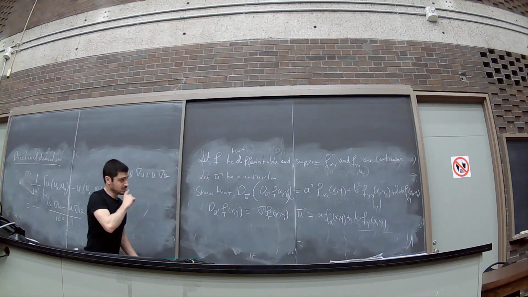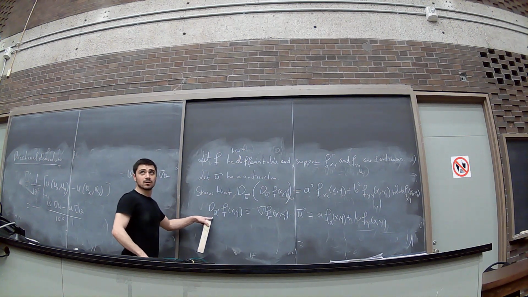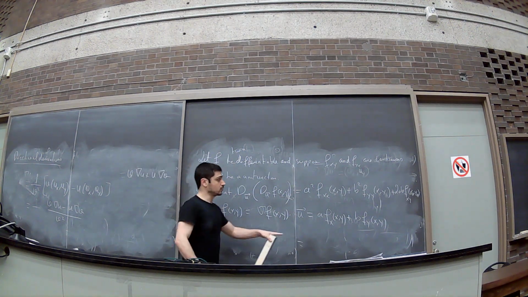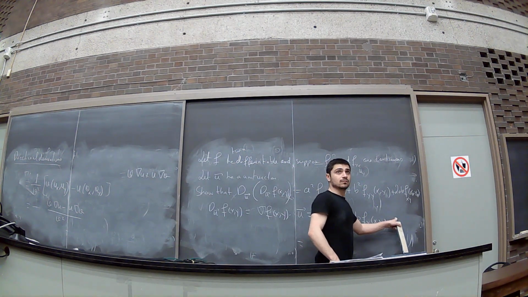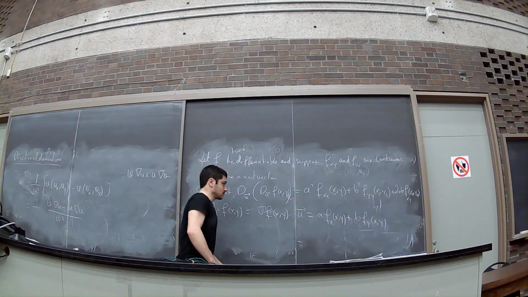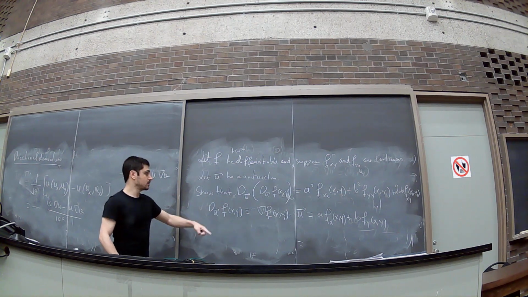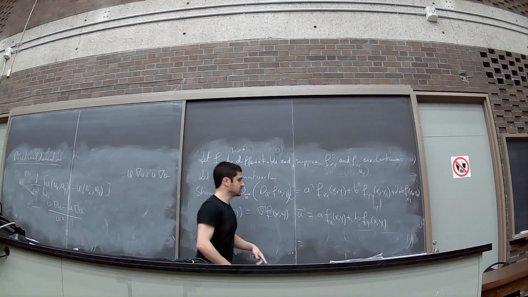Now I want to take the directional derivative of this function with respect to u. So I need to take the gradient of this function, right? And dot product it with u. Right? So I'll call this gxy.